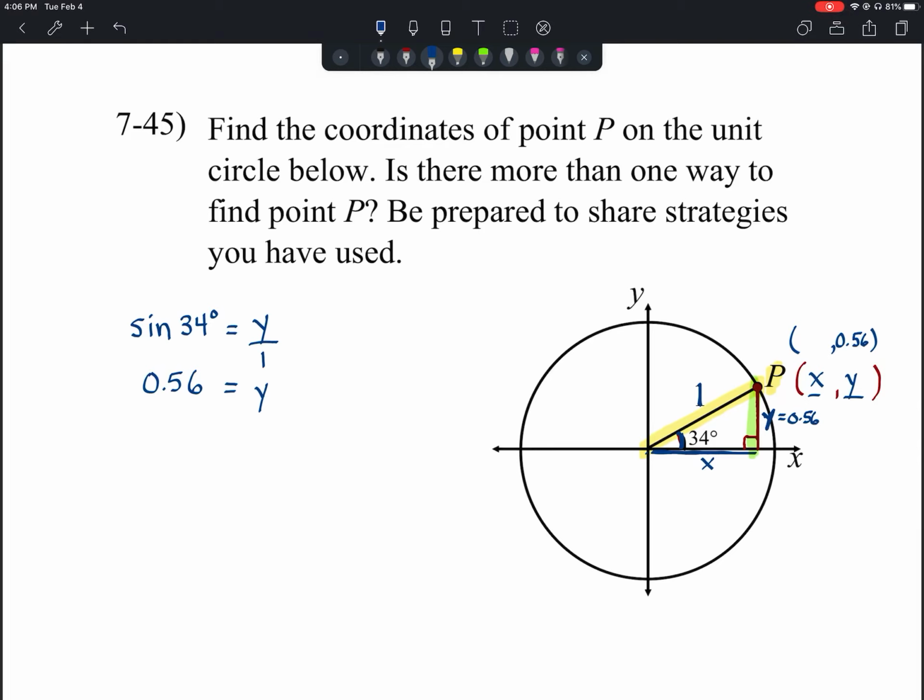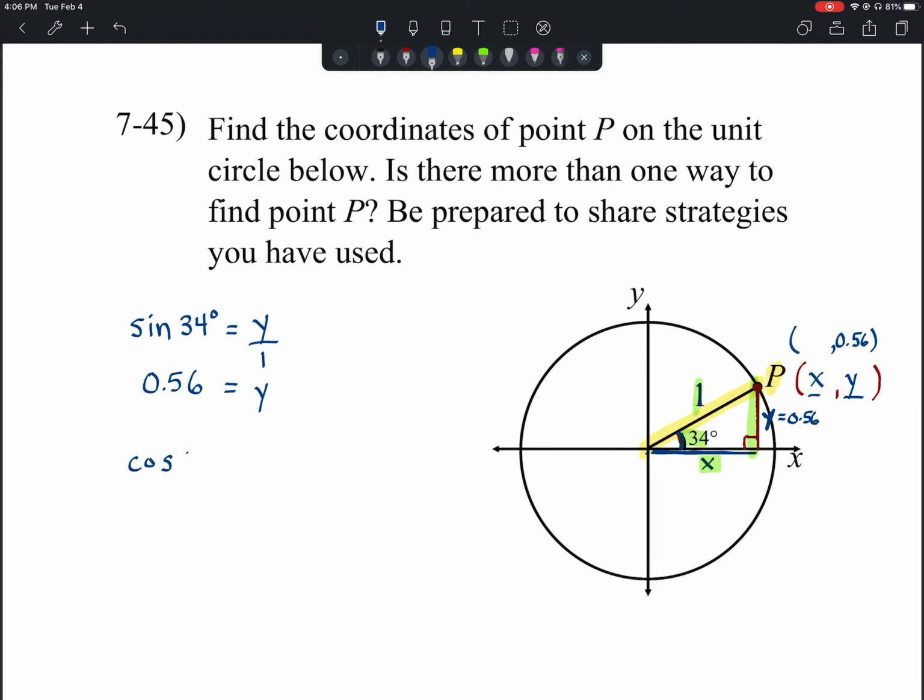Now we need to find our x-coordinate. And there are all different ways that you could do this. I know that some people will look at it and say, hey, well, the adjacent side down here is x, and we still have our hypotenuse is 1, so we can continue to use this angle, except instead of using the sine function, we could use the cosine function, right?